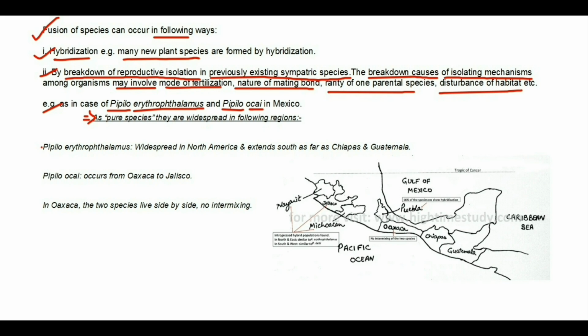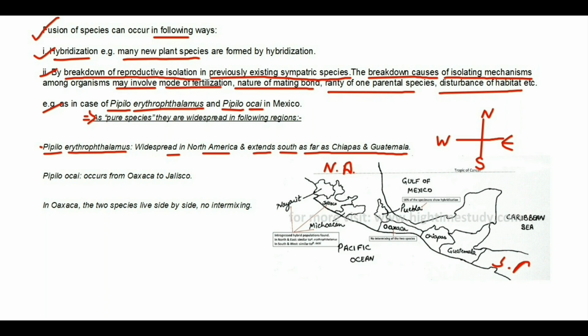So we have them as pure species. Please also take care in the map. And P. erythrophthalmus is widespread in North America. Let's first make the directions here: north, south, east, west, so that you understand well. So we have North America here, and this is the map I have drawn.